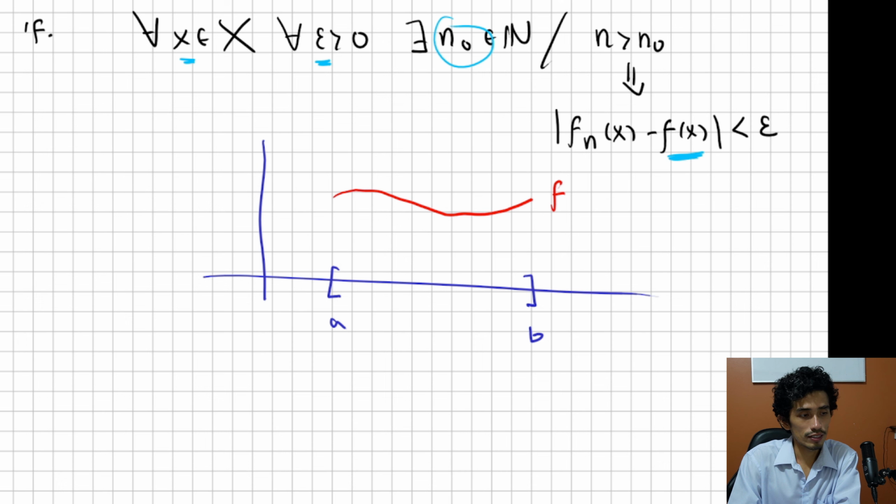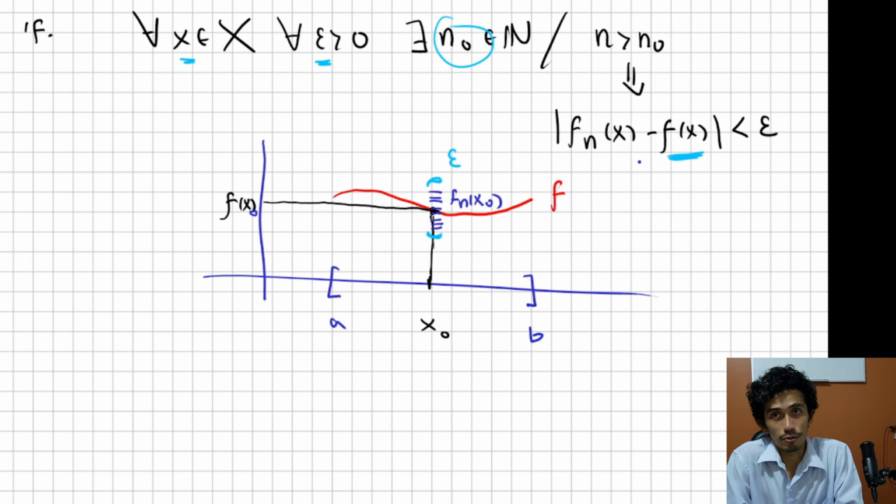We pick x0 here, this is f of x0, and we choose our epsilon, a neighborhood like that, and from some n0 all of the values of f_n of x0 should be inside of that neighborhood.